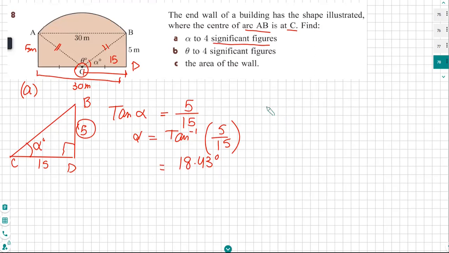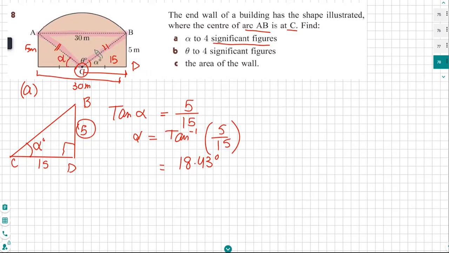Next thing is finding theta. Theta is in this triangle. You can see that, this triangle. As they are congruent triangles, one way to find it is, this must be alpha as well, right?